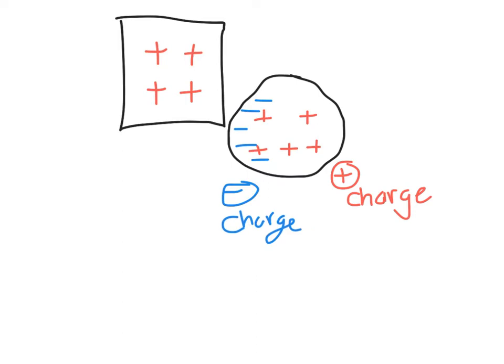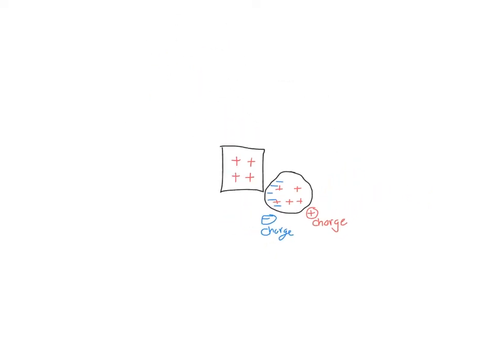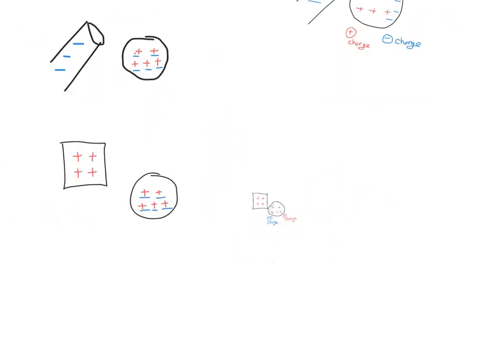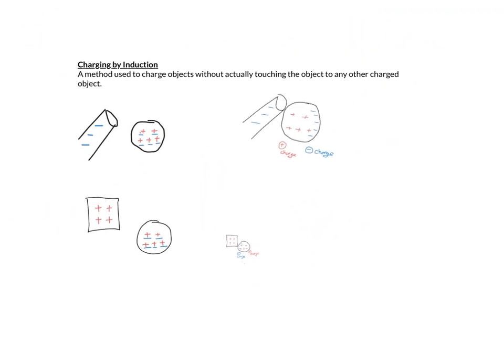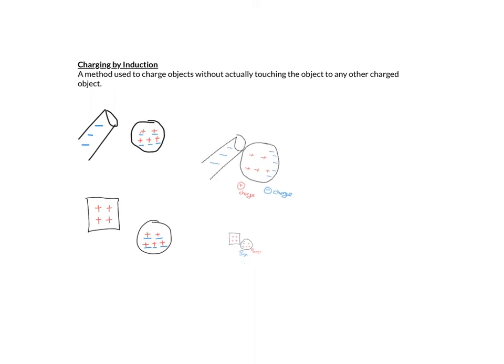what will happen is these electrons will be attracted to the positively charged object. So now we're left with an object that is negatively charged on one side and positively charged on the other side. This is in comparison to our initial object. Oh my, things have moved around.